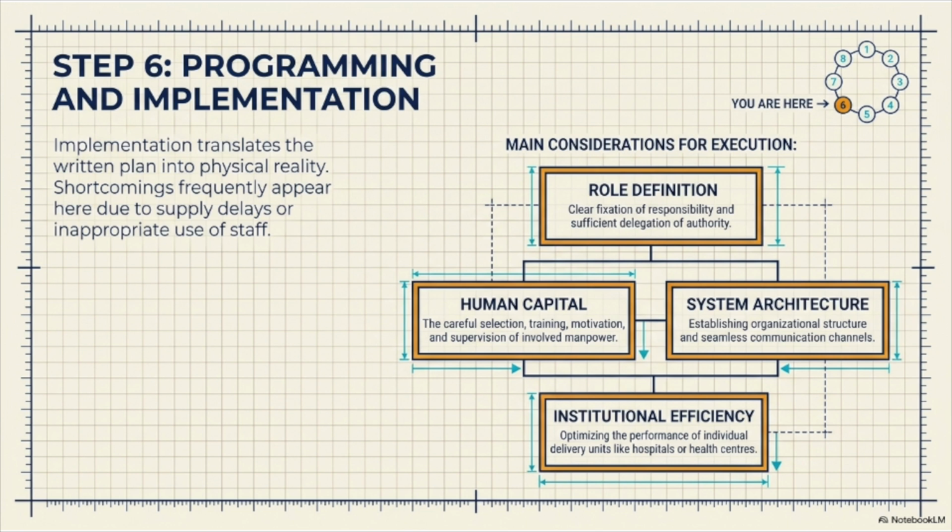The main considerations here include role definition, meaning clear fixation of responsibility and sufficient delegation of authority, human capital, meaning the careful selection, training, motivation, and supervision of the manpower involved, system architecture, meaning establishing organizational structure and seamless communication channels, and institutional efficiency, meaning optimizing the performance of individual delivery units like hospitals or health centers.